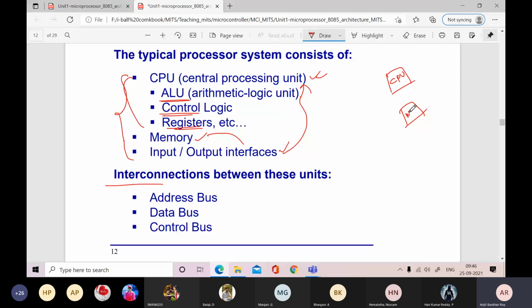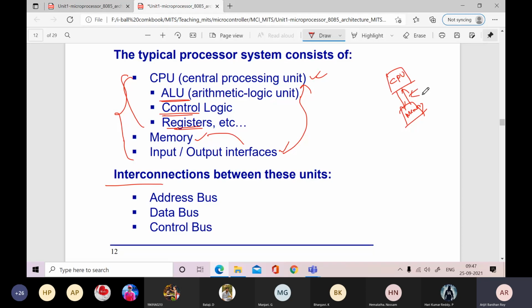If I want to communicate between CPU and memory, what should I do? What is the main thing we should do? Some communication channel I have to establish.